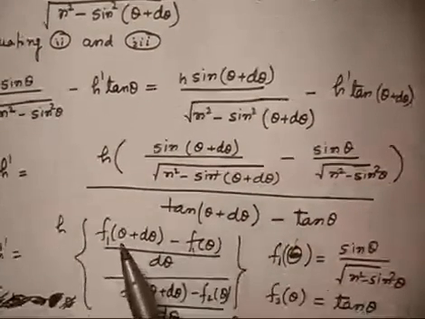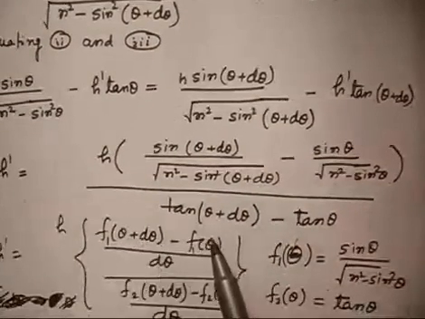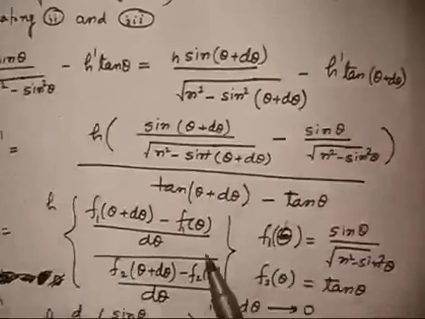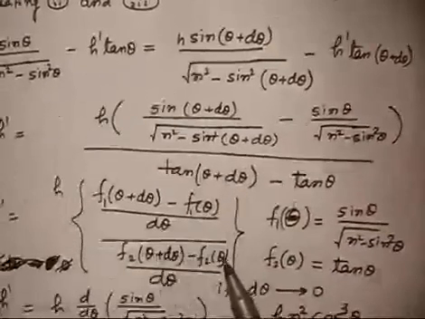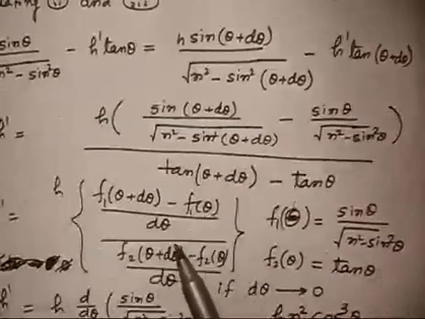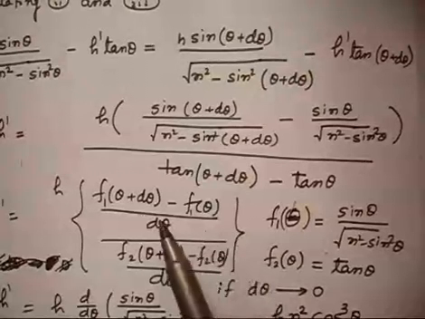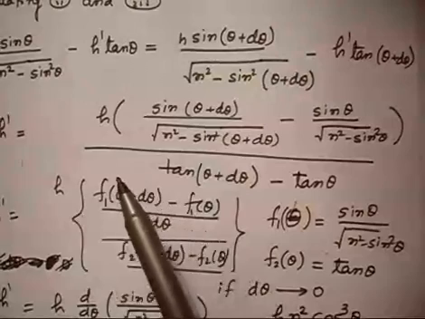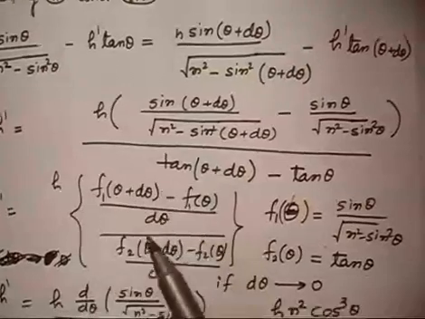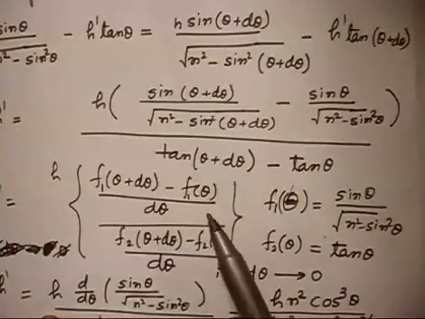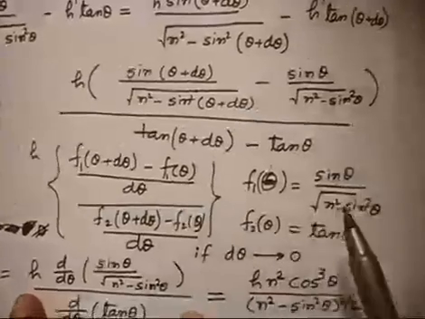So we have f1 theta plus d theta minus f1 theta, divided by f2 theta plus d theta minus f2 theta. If I divide up and down by d theta, I will have h dash equal to f1 dash theta divided by f2 dash theta. So f1 is this, f2 is this.